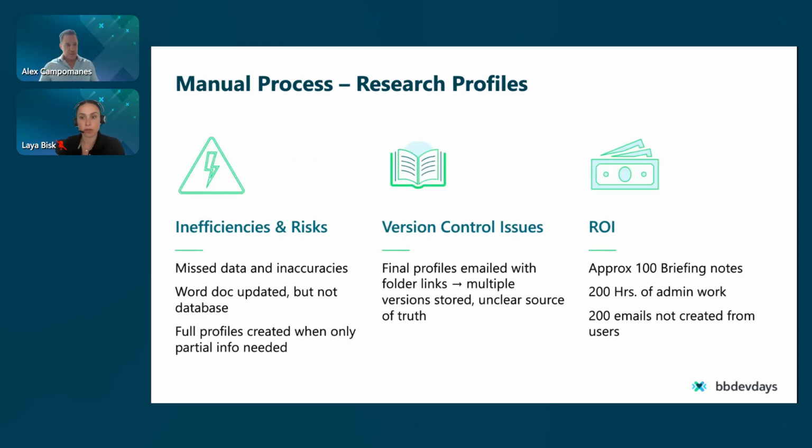All right. So some of the inefficiencies and risks: missed data and inaccuracies, of course. The Word document was updated, but the data was not captured within Raiser's Edge. The other thing is that many times full profiles were created when only partial info was needed.